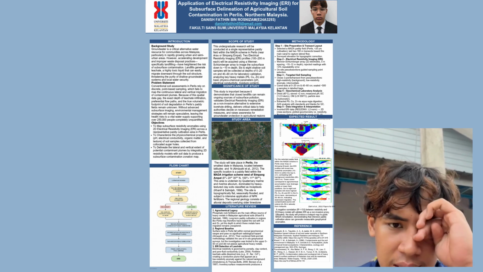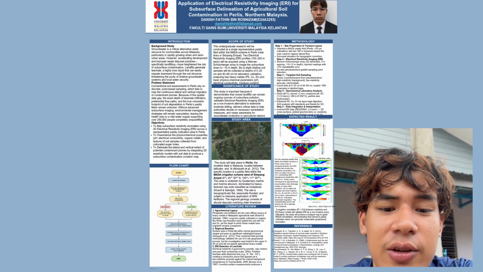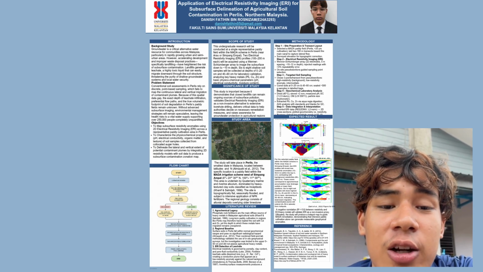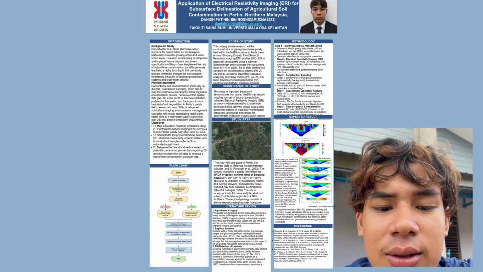A negative correlation, R squared more than 0.6, between resistivity and contaminants indicates that lower resistivity means higher contamination. A final contamination hotspot map will guide MADA to remediate the location.